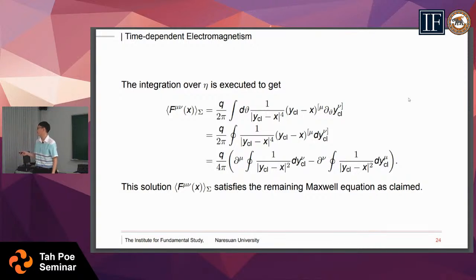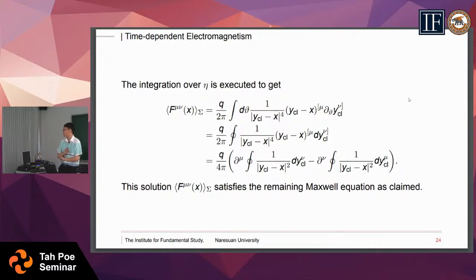So this is like the integration of the boundary. It is an integral along the boundary of the worksheet. So you can see this YCL is the position of the boundary. It integrates the closed loop, which means that we integrate all of the boundary. And here you can re-express it as the derivative of this integral.